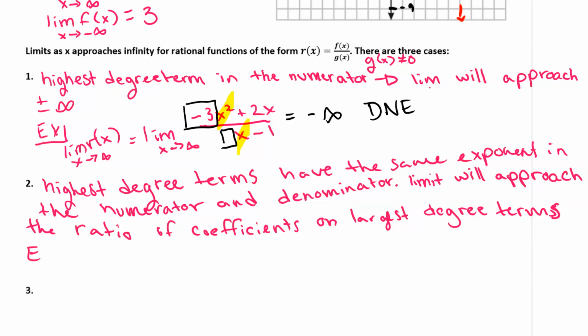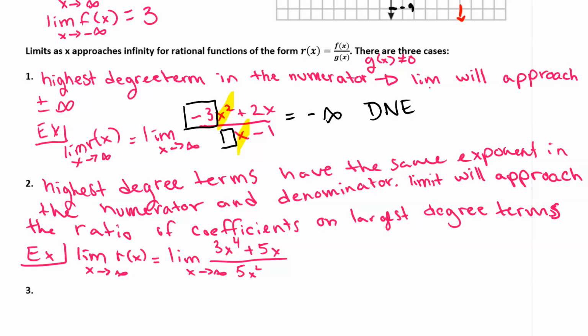So for example, say we're looking at the limit as x approaches infinity of r of x, where r of x is equal to that.